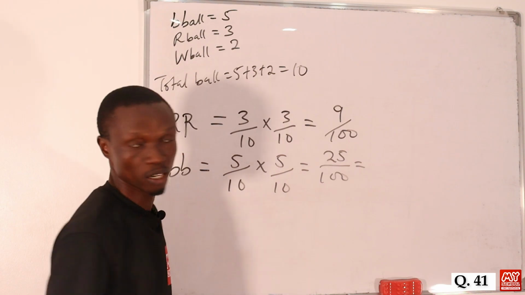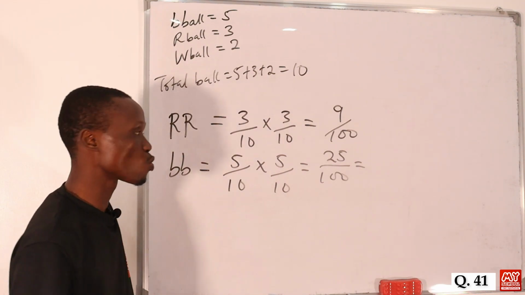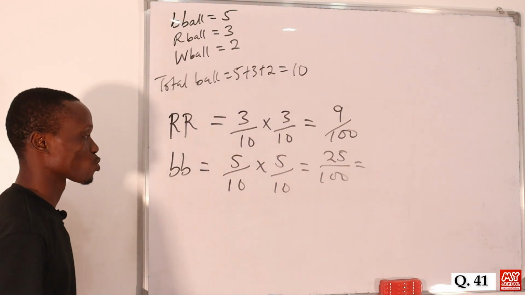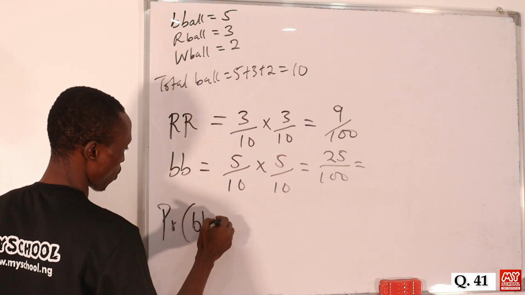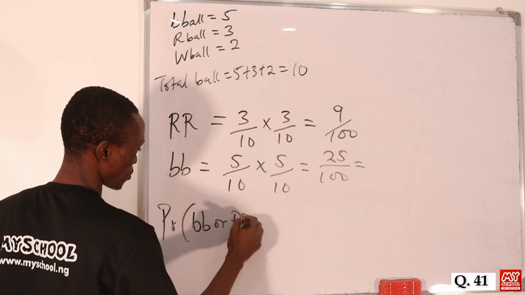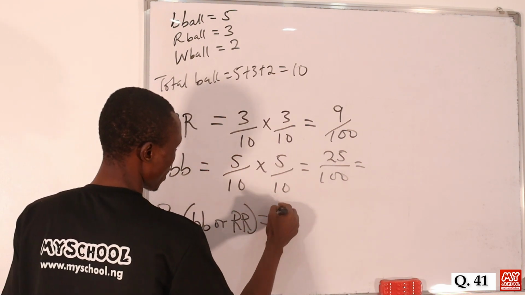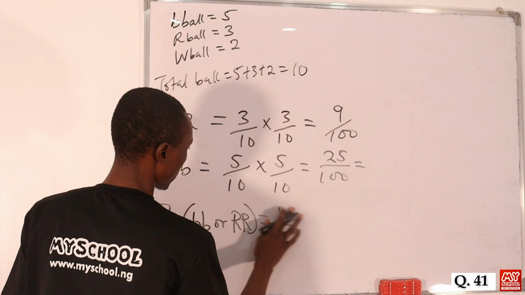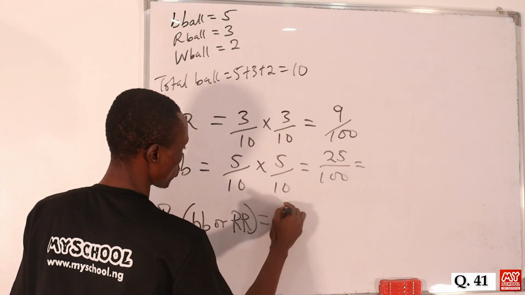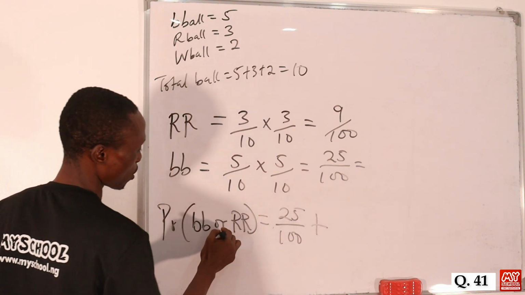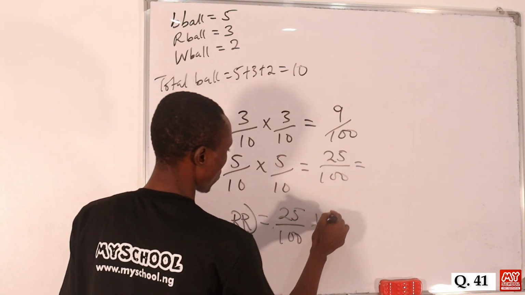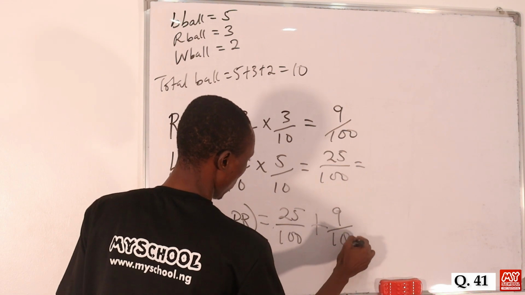Now we can calculate the probability of obtaining 2 blue balls or 2 red balls. So the probability of picking 2 blue balls or 2 red balls will be equal to, let's start with the blue balls, 25 over 100, then plus, remember "or" means plus, 9 over 100.